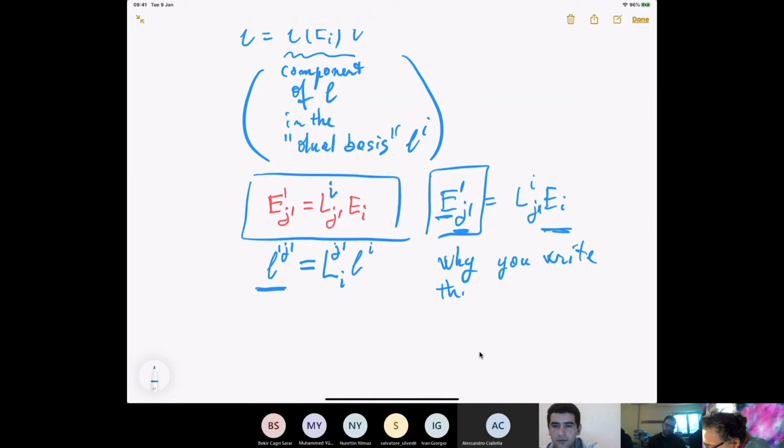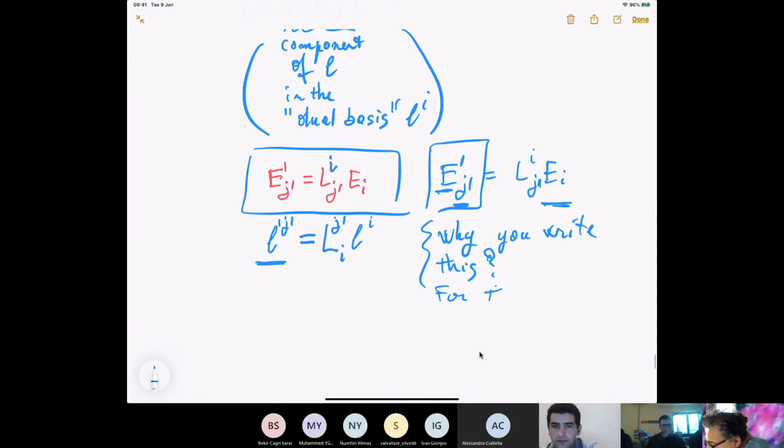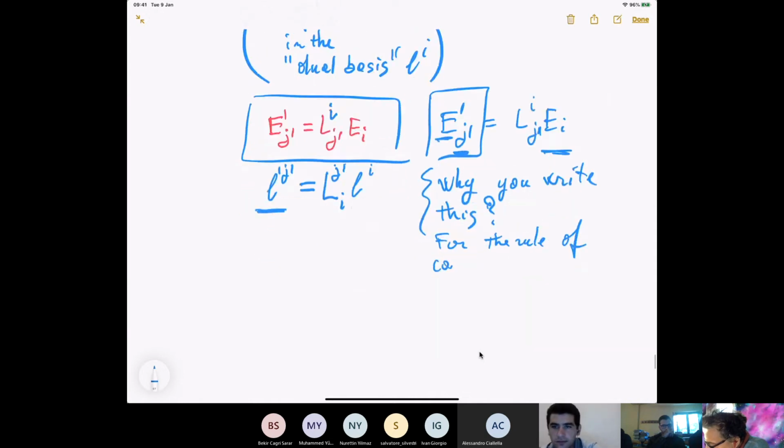Let us teach you the tricks for the rule of conservation of indices, of the place conservation of indices.